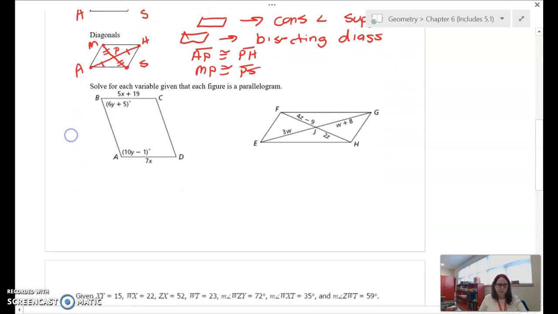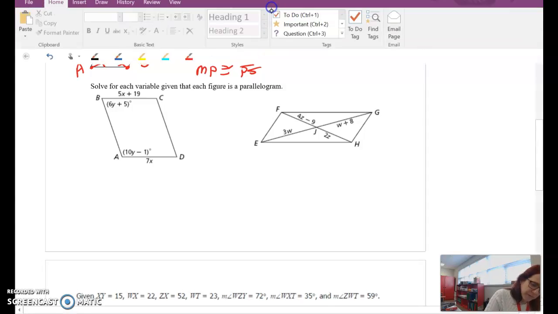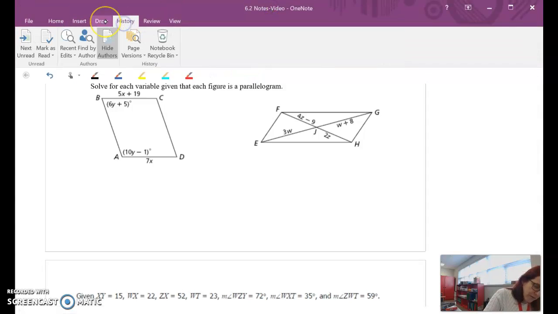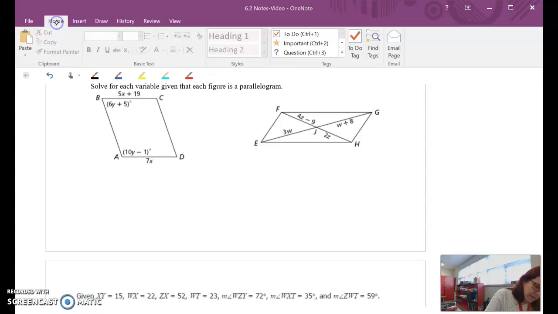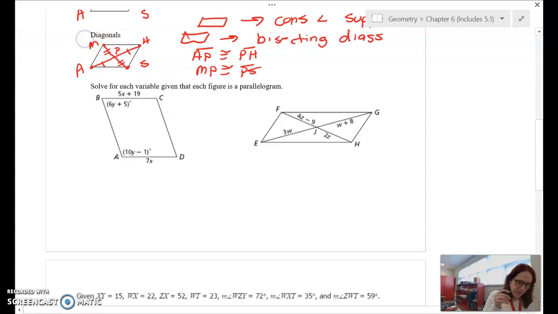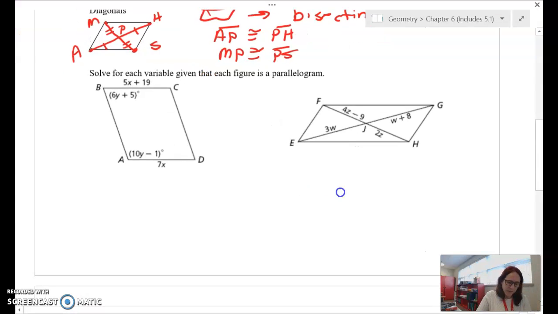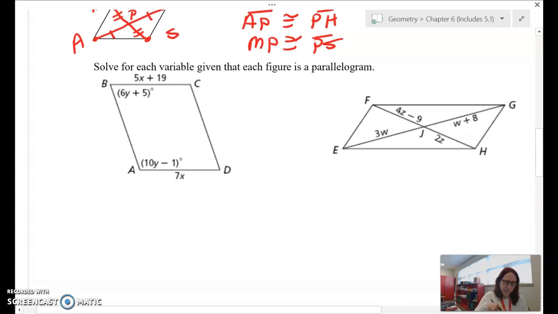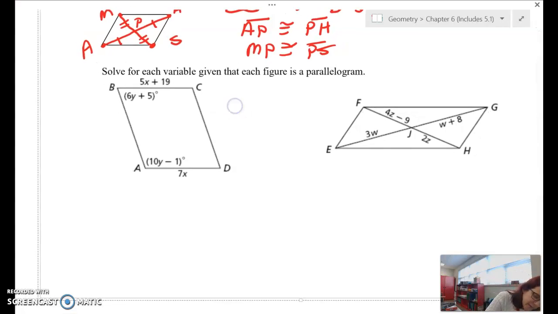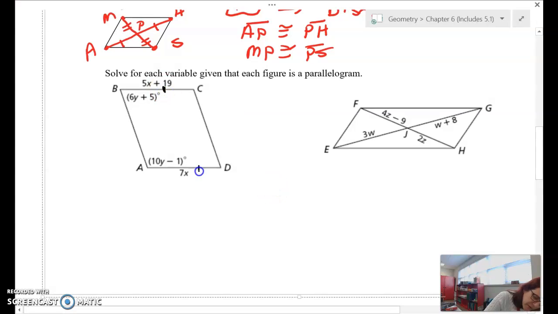So let's do some math here. Take out a pen. I'm going to look at parallelogram ABCD, and because it's a parallelogram, I know right away that line segment BC is going to be congruent to line segment AD.